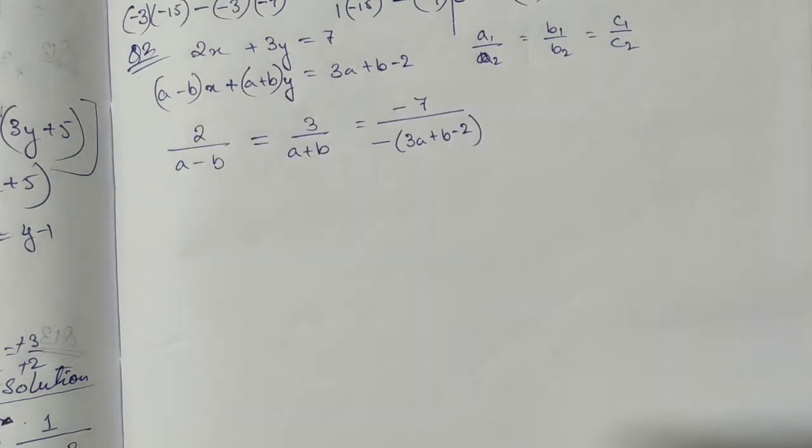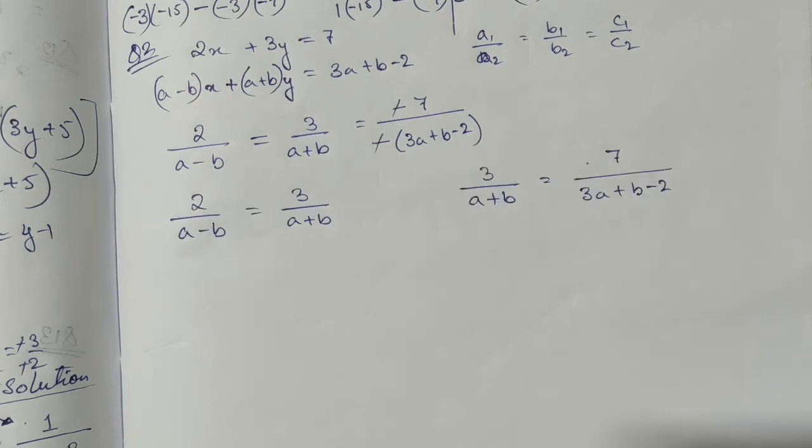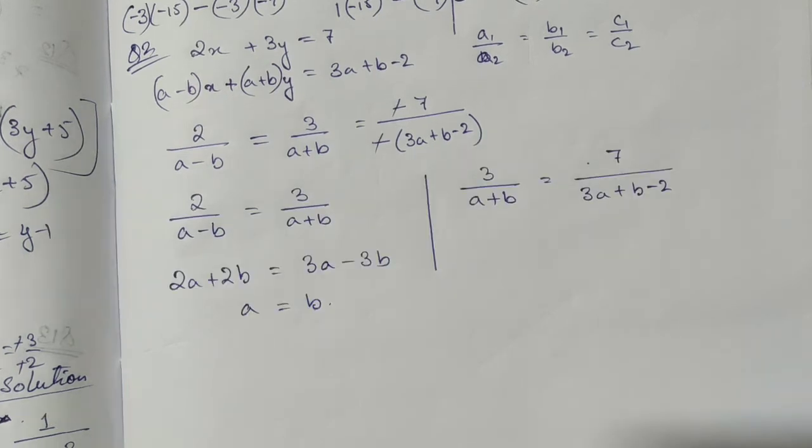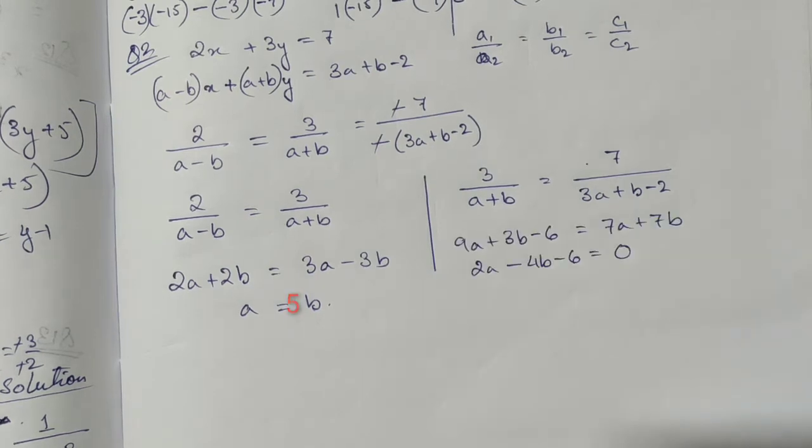Now all the parts have two variables, so we can take any two to make the linear equation. So I am taking the first two and the last two. Therefore a is equal to b from the first part, and from second we have got an equation like this. I'm giving names.